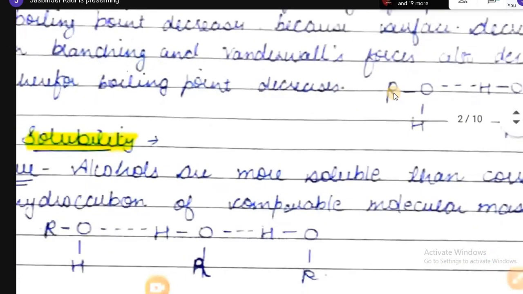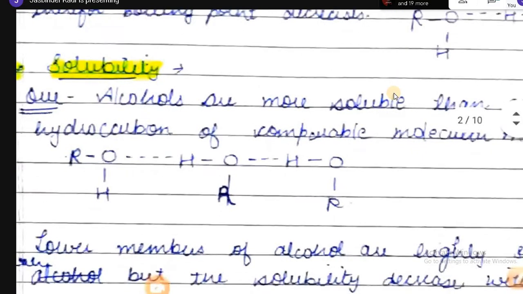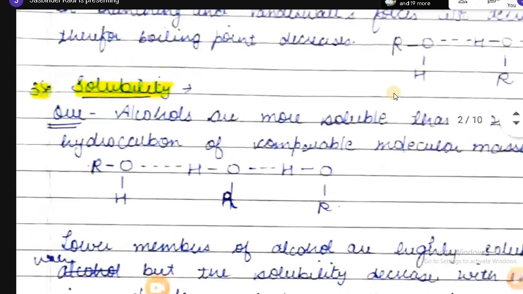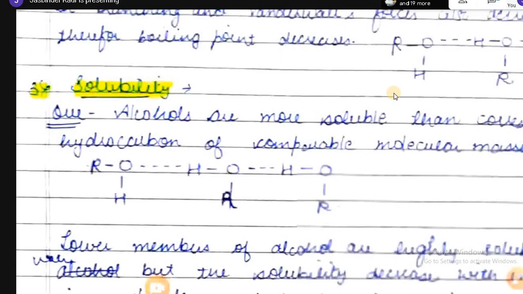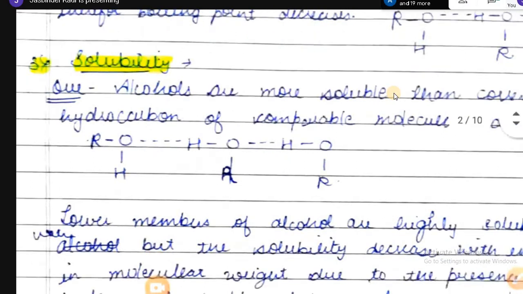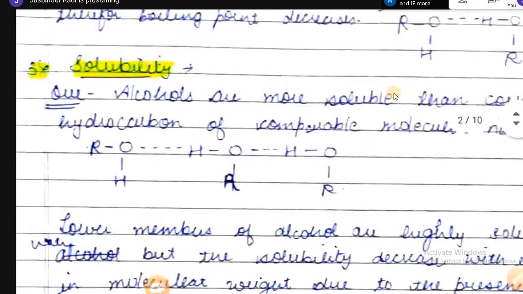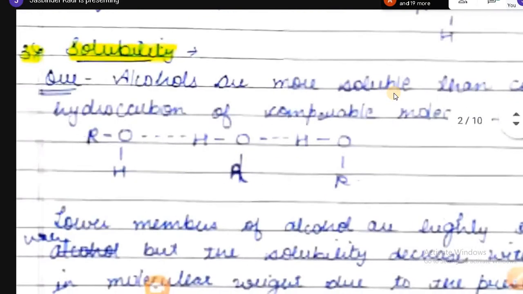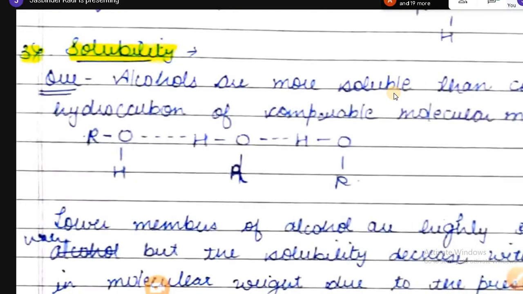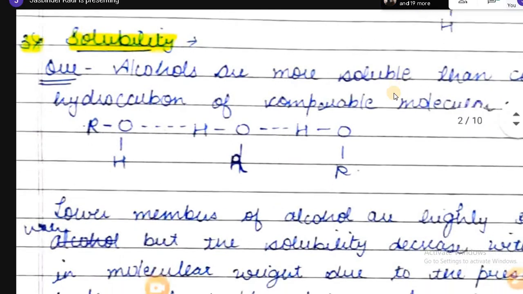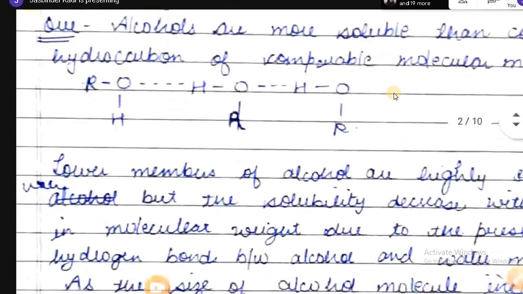Then next is solubility. In solubility, alcohols are soluble. Why? This is due to hydrogen bonding. We have to show hydrogen bonding of alcohols with water, that is HOH. Alcohol with water forms hydrogen bonding, therefore they are soluble in water.